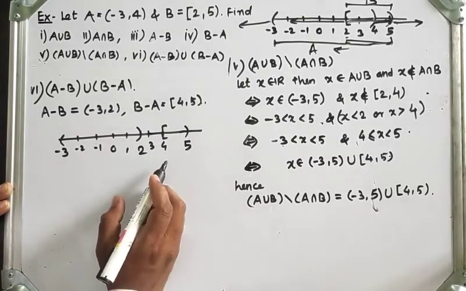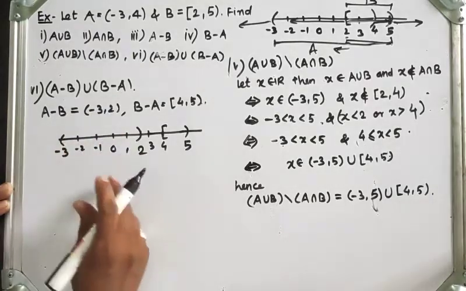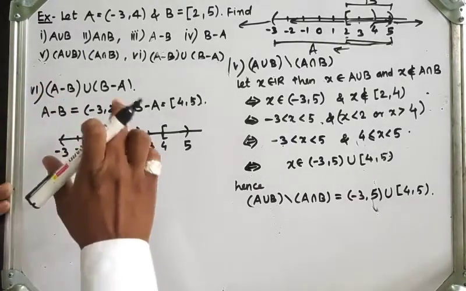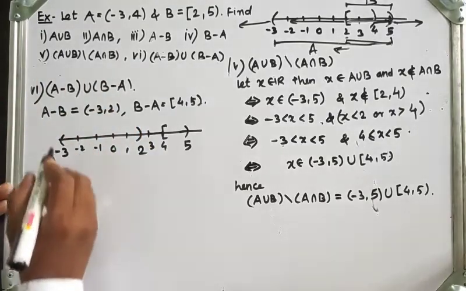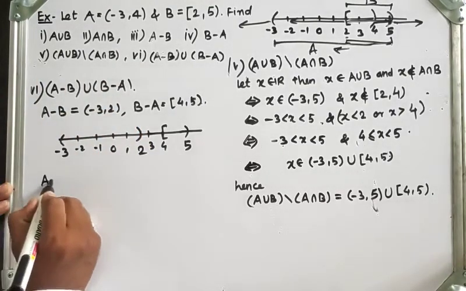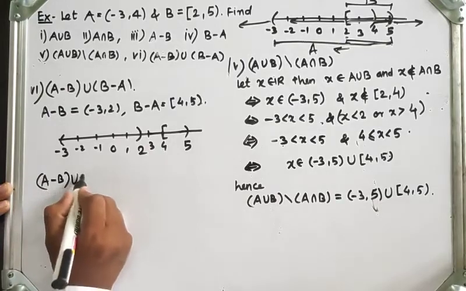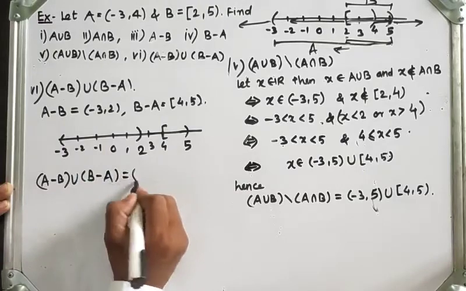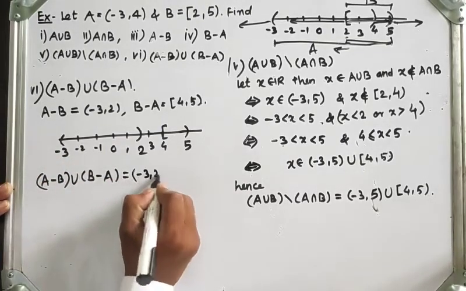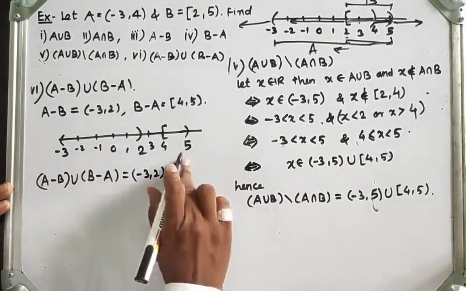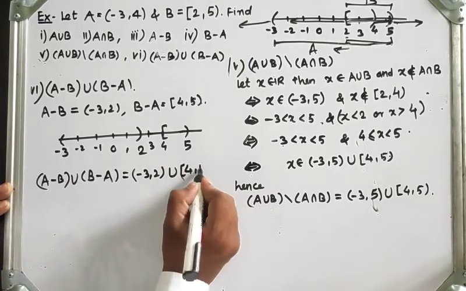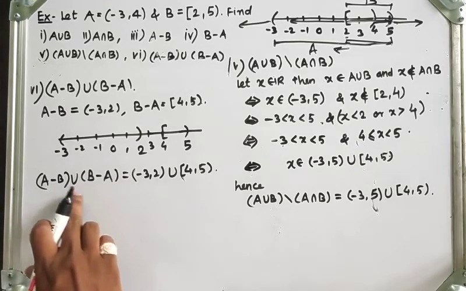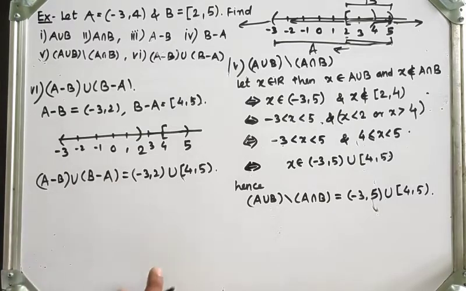Therefore A minus B union B minus A contains all those points which belong to at least set A minus B or set B minus A. Therefore their union, A minus B union B minus A, is the set minus 3 to 2 union closed interval 4 to 5. This is the A minus B union B minus A set.